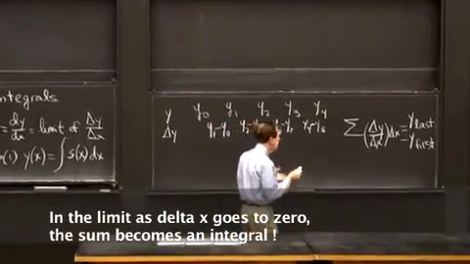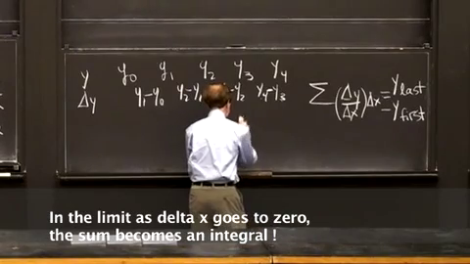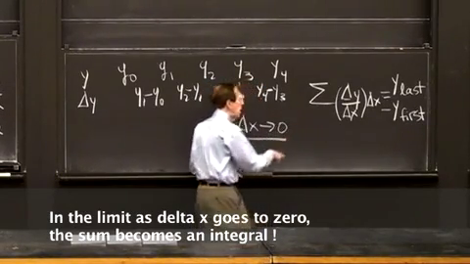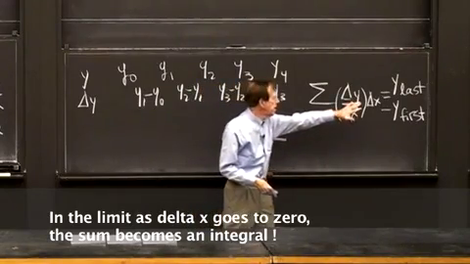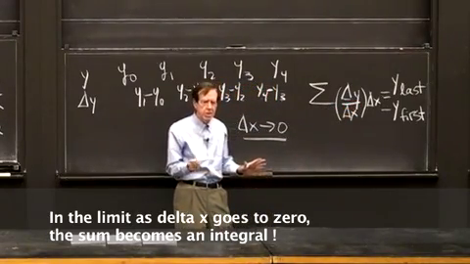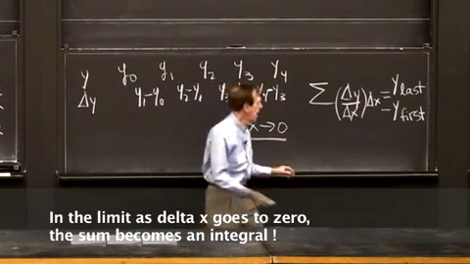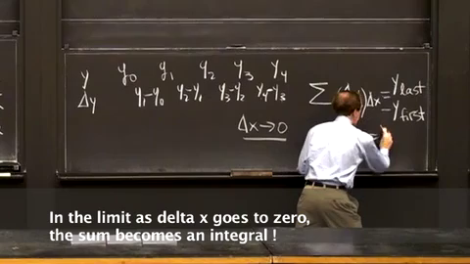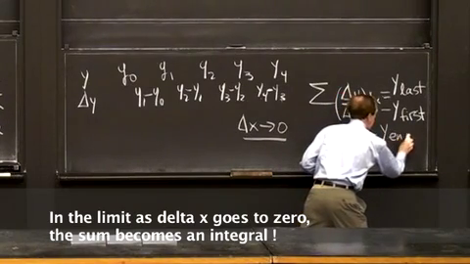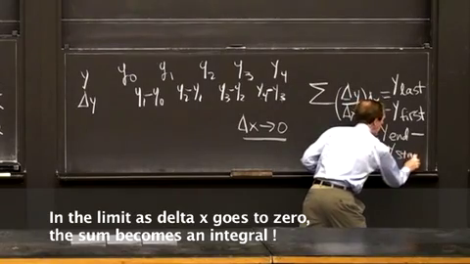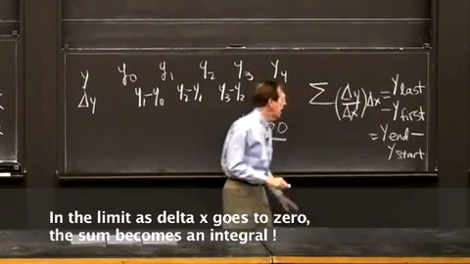In the limit as delta x, so now let delta x go to 0. And I ask, the right-hand side, y last minus y first, is not changing. Y at the end, I'll write something different, y end minus y start, just to make that same point again.